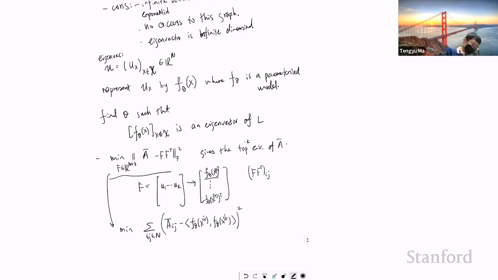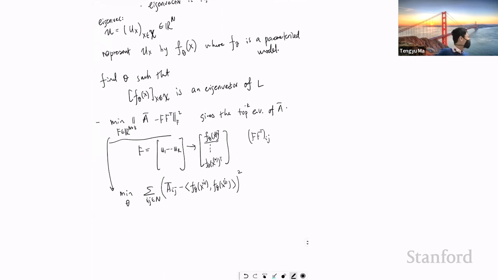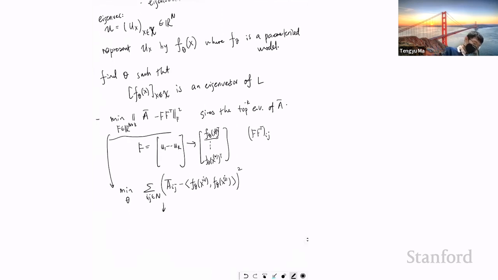And I can change this to, instead of minimizing over F, now you are minimizing over theta. I don't have time to go through all the details, but this is now an objective function that you can optimize. Of course, the problem is that you still have this big sum. You can replace this by the empirical version, minimizing over theta, taking some random samples.